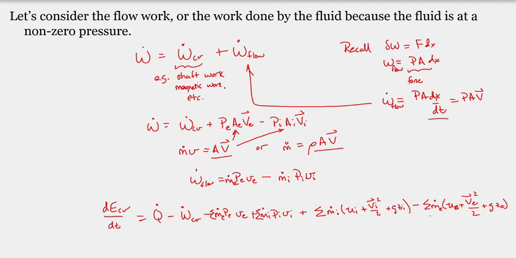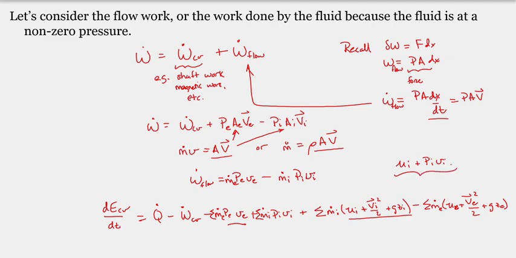Okay, so we look at these terms here, and we can see that I can take the flow work terms and group them into the expressions that I have for the energy transfer due to the mass flow rate into and out of the system. And what I hope you'll see is that we have this common term that looks like this.